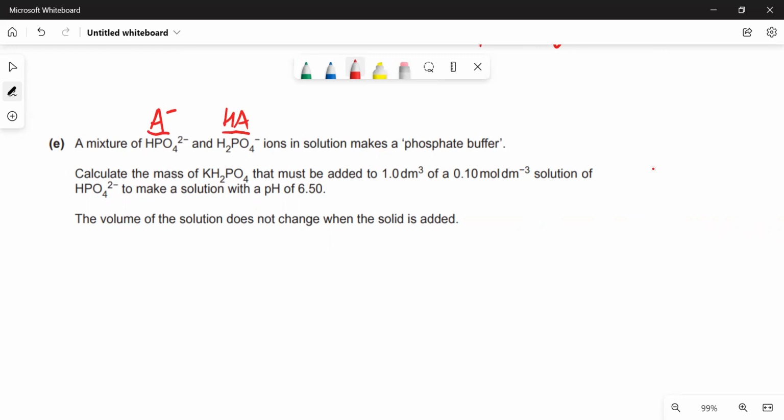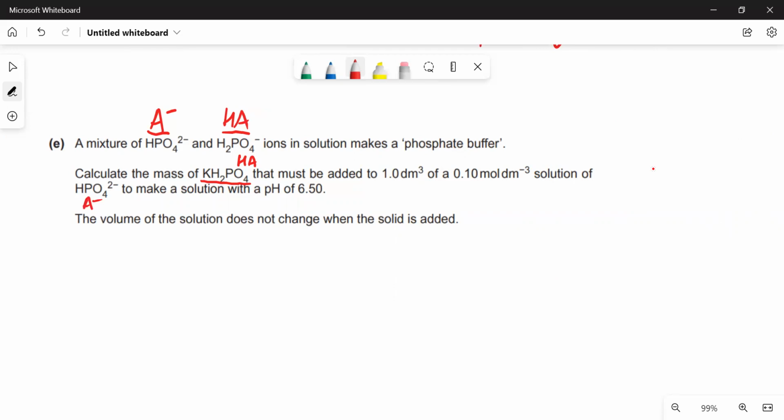Okay, so calculate the mass of KH2PO4 that must be added, right? So that is going to contain the weak acid. That must be added to this, which is the weak base, to make a solution with a pH of 6.5.